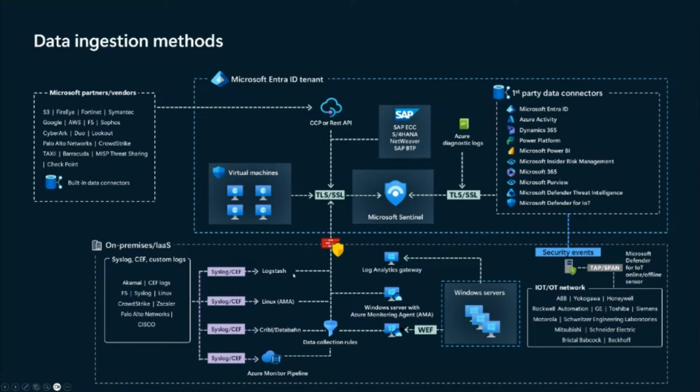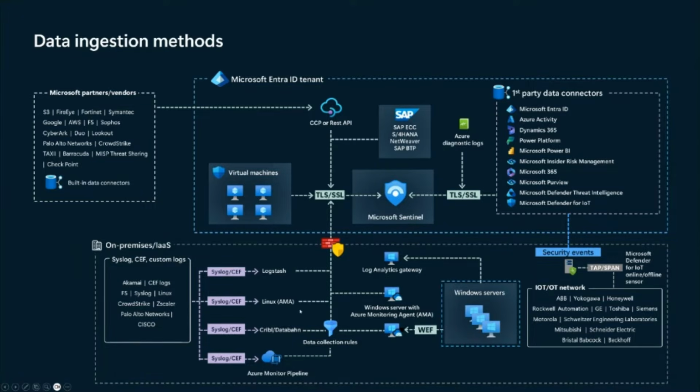If you're using things like Logstash, Cribl, or Databahn, you can send those logs too. We support sending that into the Sentinel workspace. And the Azure Monitor pipeline is great. It's getting a lot of attention, and it's great for high-ingest-scale situations for your syslog and CEF sources, and we'll have a little section talking about that in a bit.